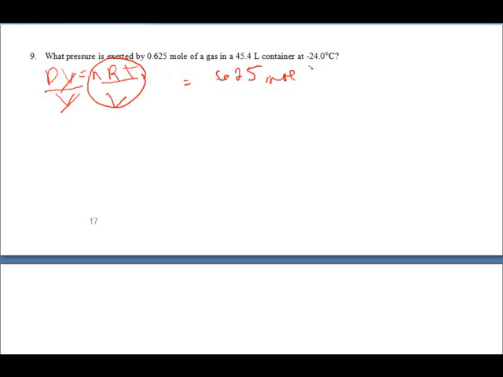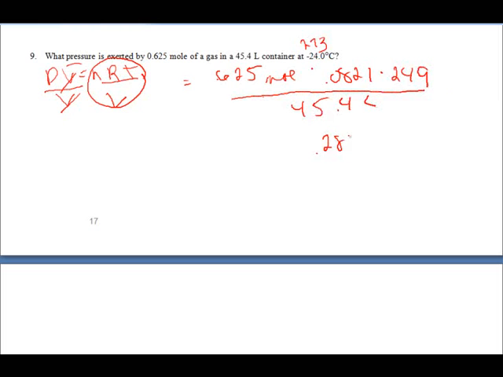My R, I'm going to get my pressure in atm, so I'm going to use 0.0821. My temperature is 273 plus 24, which is 297, over my volume, which is 45.4 liters. If I multiply that out, I get 0.281, and because I used 0.0821, my units will be atmospheres. Okay, that's going to do it.